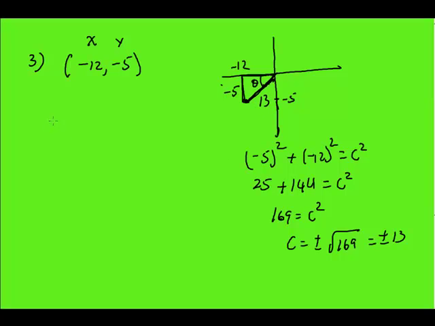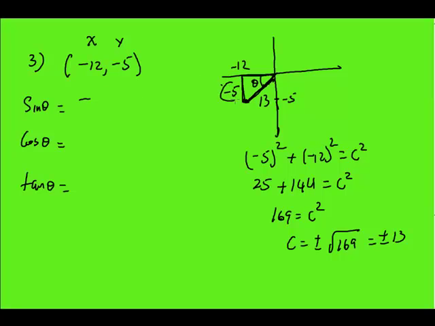Now, once I get to that, I can find all my 6 trig functions. So sine of theta, cosine of theta, and tangent of theta. Once I find those 3, I can find the other 3 just by flipping everything. So sine is opposite over hypotenuse.